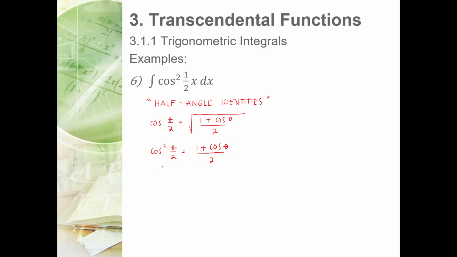So other books also, kung dili theta over 2 ang expression, it could be that the expression is, so I'm gonna put it here, cosine theta equals square root of 1 plus cosine 2 theta over 2 in some books. Or it could be cosine squared theta is equal to 1 plus cosine 2 theta over 2.